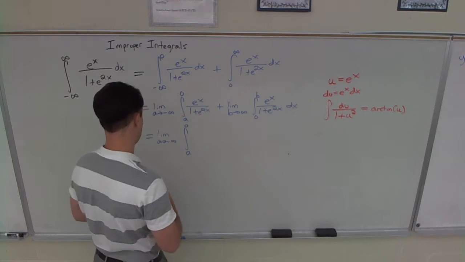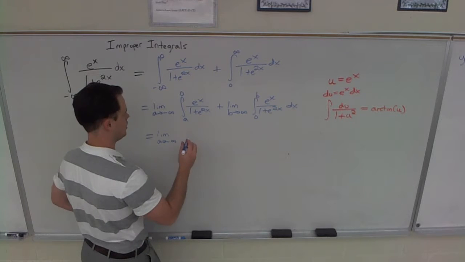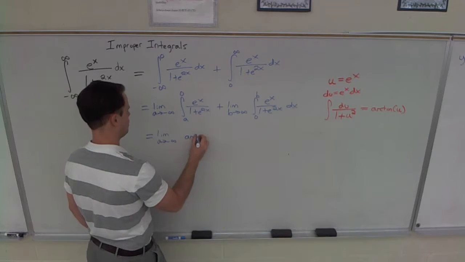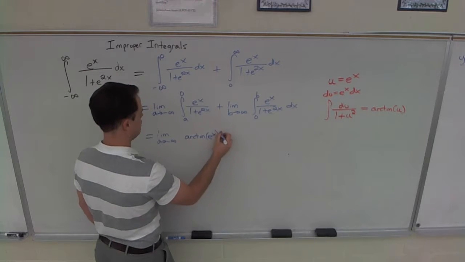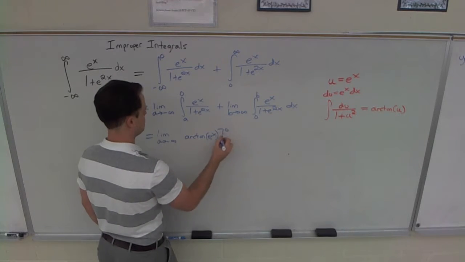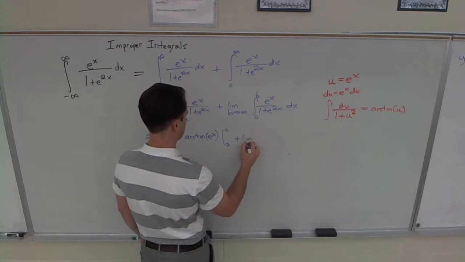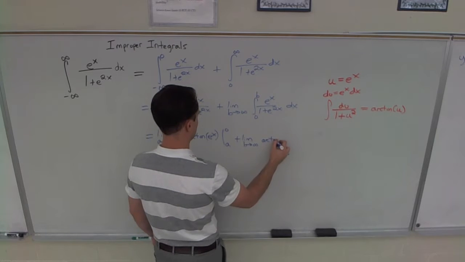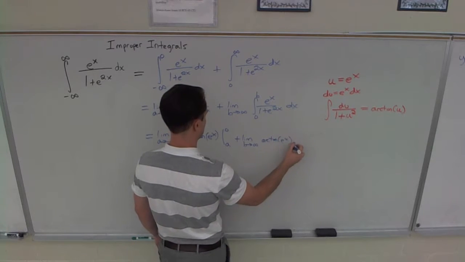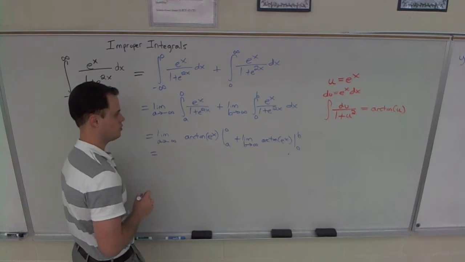So this guy over here is going to become the arctangent of u, u being e to the x, evaluated from a to 0. And then this other limit's still hanging out, still chilling. We've got the arctangent of e to the x there as well, evaluated from 0 to b. And we just need to do these problems.